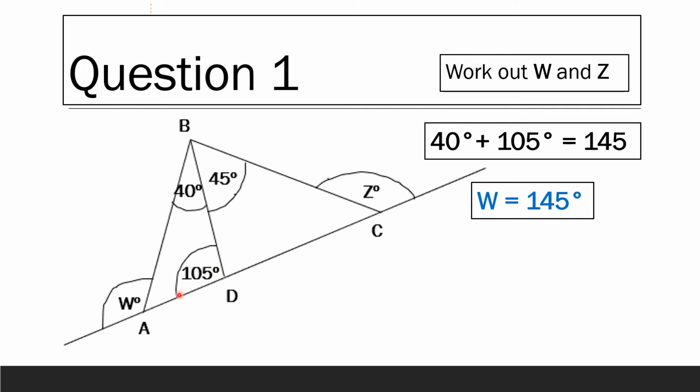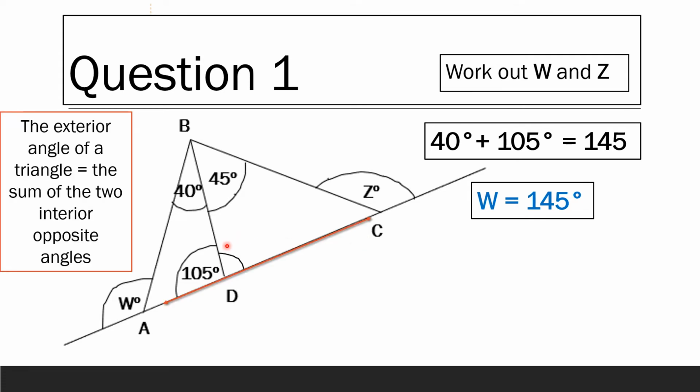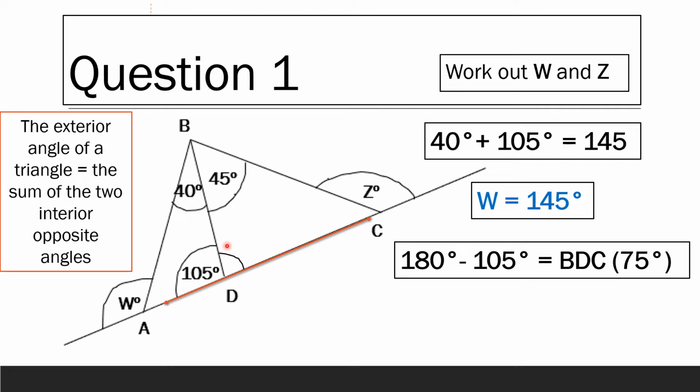We know that a straight line adds up to 180 degrees. So one angle here is 105 degrees, which means that the other angle plus this angle would be 180 degrees. So we do the reverse operation to find out what is this angle. And it is 75 degrees.